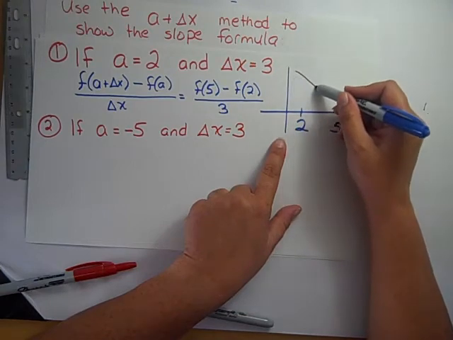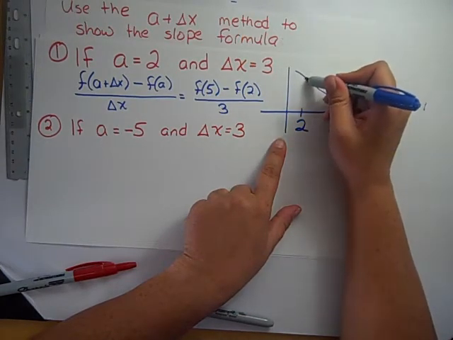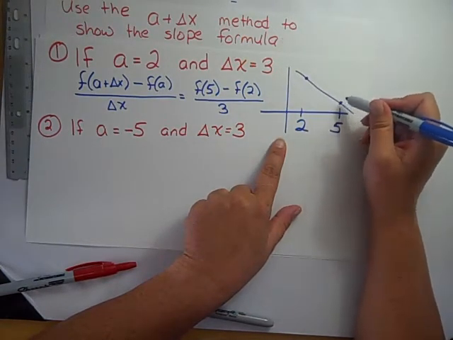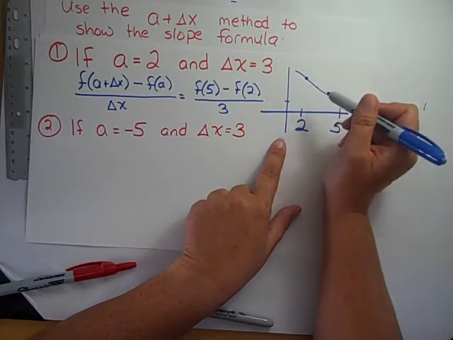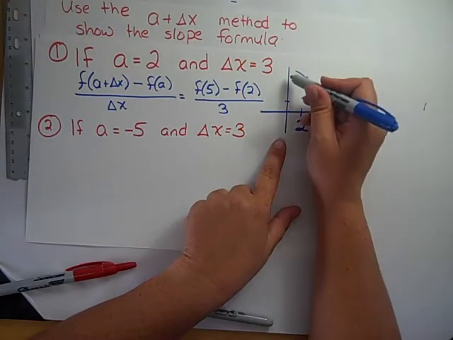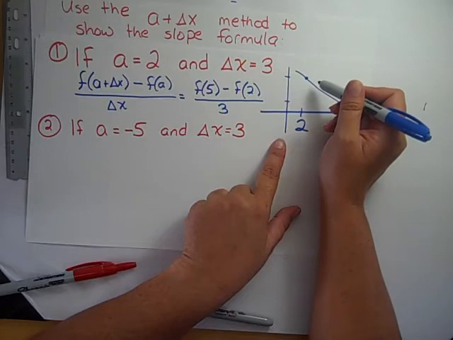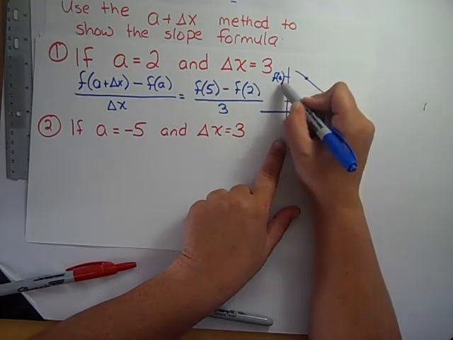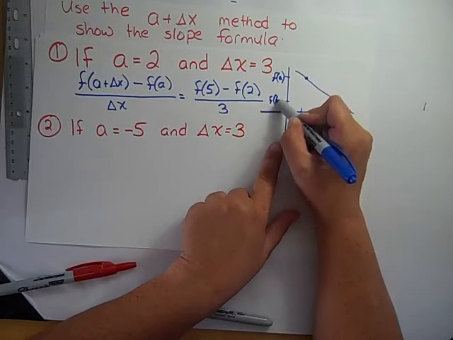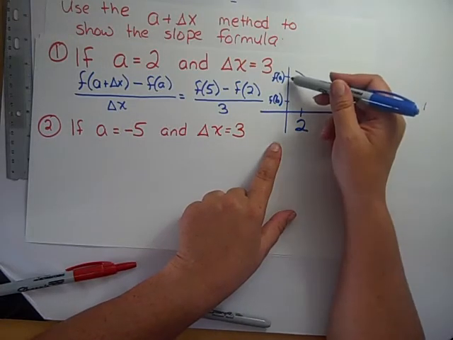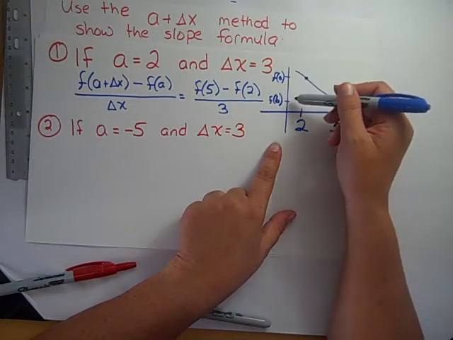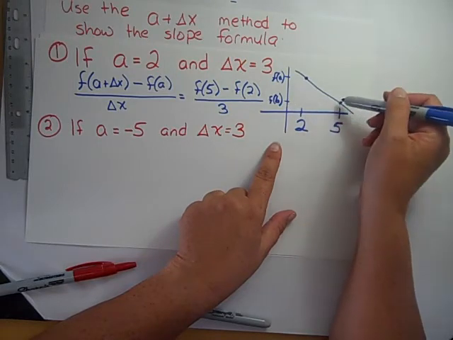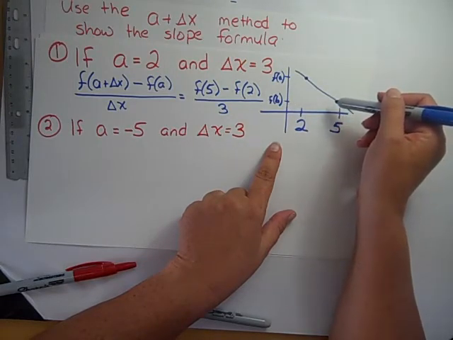You could even have a negative slope. You would label this f of a and this f of b. Is it okay that f of a is above f of b? It is. That's what gives us a negative slope in this case.